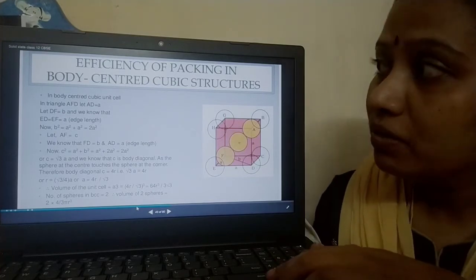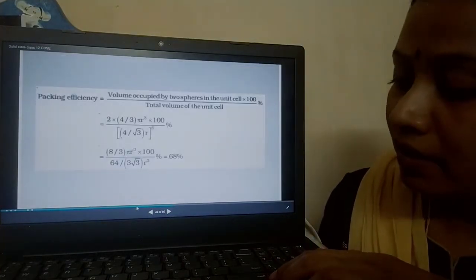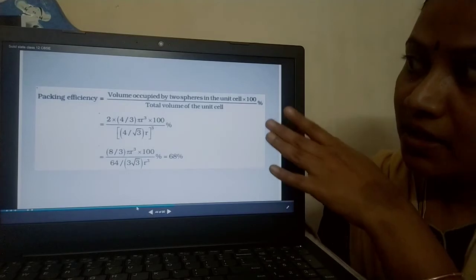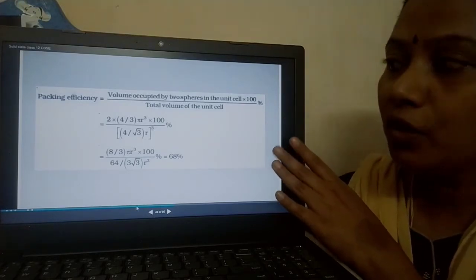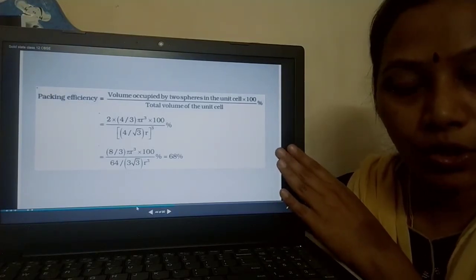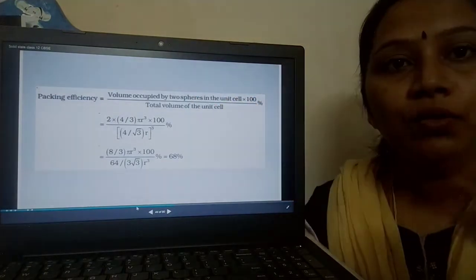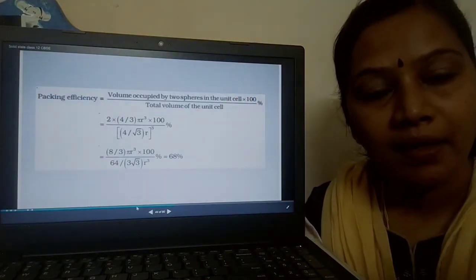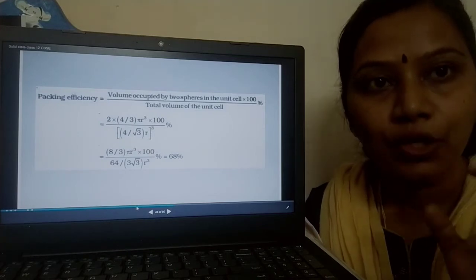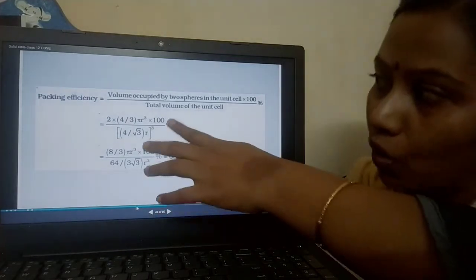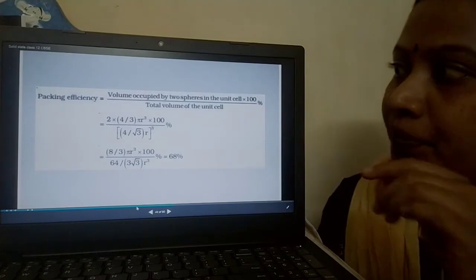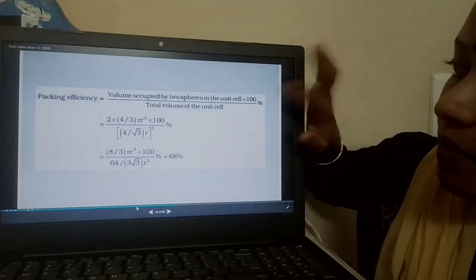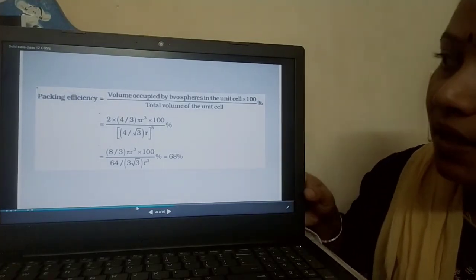Okay. So this is the packing efficiency in body centered cubic structure. This will give you an overall idea for packing efficiency in a body centered cubic cell. What did I tell you? The main definition is nothing but the volume occupied by the number of spheres in a cubic cell divided by the total volume of the cell into 100. Now how many spheres are present in a body centered cubic cell? It is 2.